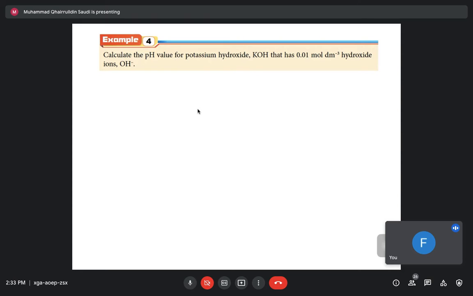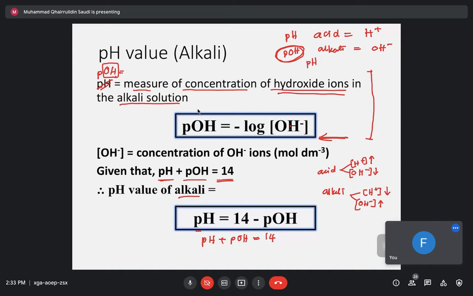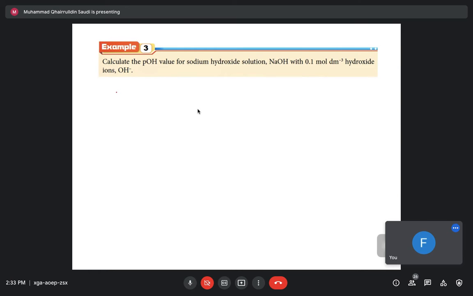So example 3. Calculate the pOH value for sodium hydroxide solution with 0.1 mole of hydroxide ions. So kita tengok pOH sama dengan negative log concentration of hydroxide ion.